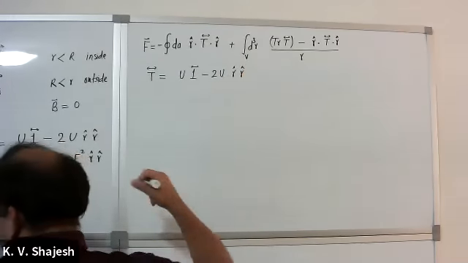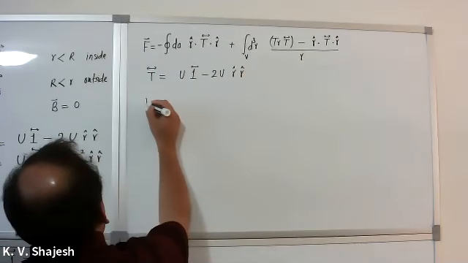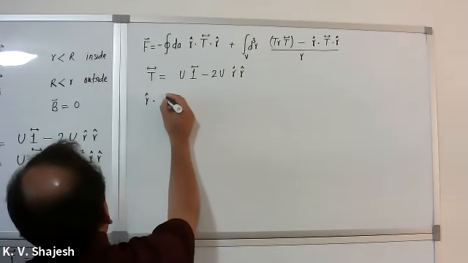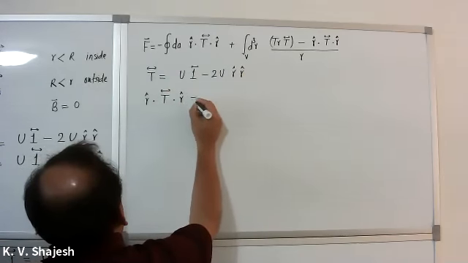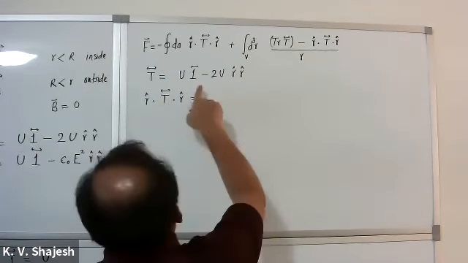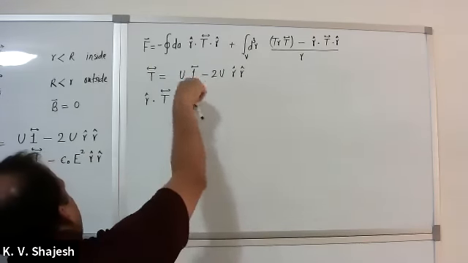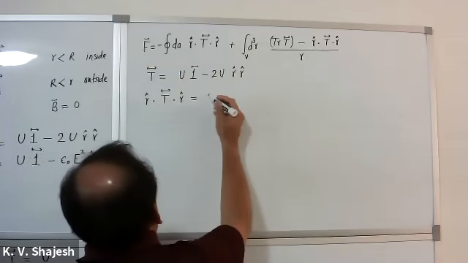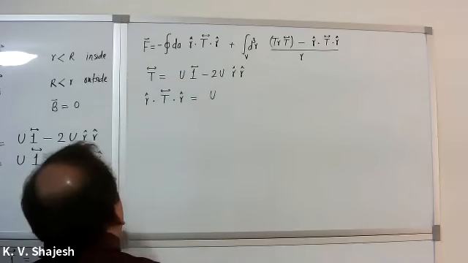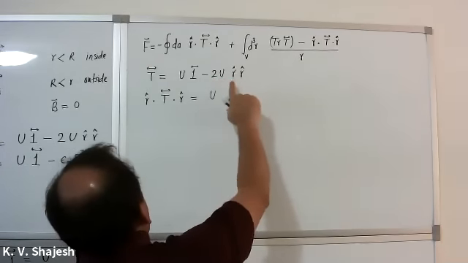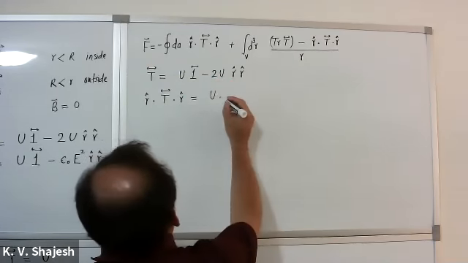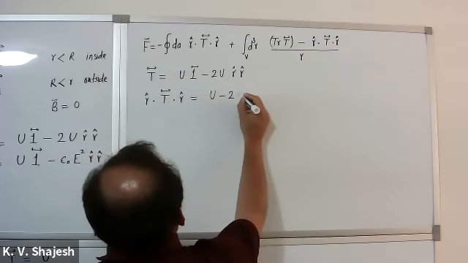So what is r hat dotted with T dotted with r hat? That's equal to, multiply on both sides. 1 gets multiplied by r hat on the left and from the right. So that's just simply u, right? The first term. And the second term, again, r hat gets multiplied by r hat from left and right. So this is minus 2u.